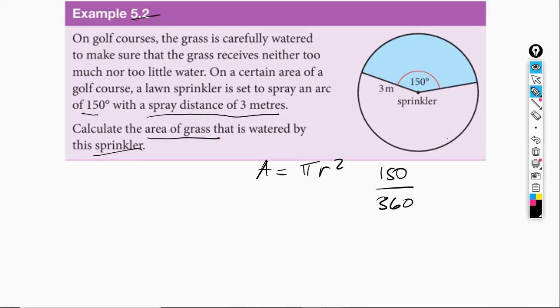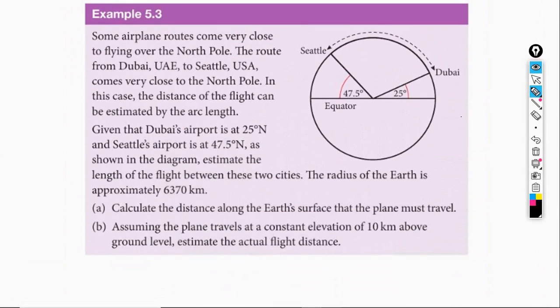Therefore, we can find this particular sector's area by going 150 divided by 360 times pi r squared, in this case 3 squared. And then we plug that in the calculator, round it to 3 significant figures, and we're going to get 11.8 meters squared.